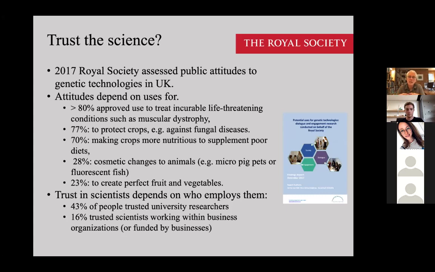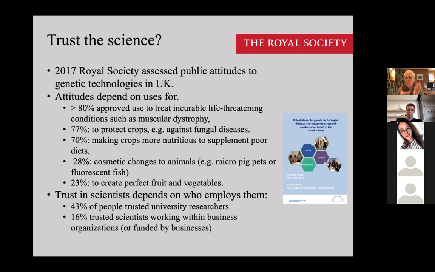So they were pretty open. More than 80% of them approved of the use of genetic technologies to treat incurable life-threatening conditions, such as muscular dystrophy. Less than a third thought that cosmetic changes to animals, to pets, for example, making fish fluorescent, was acceptable.